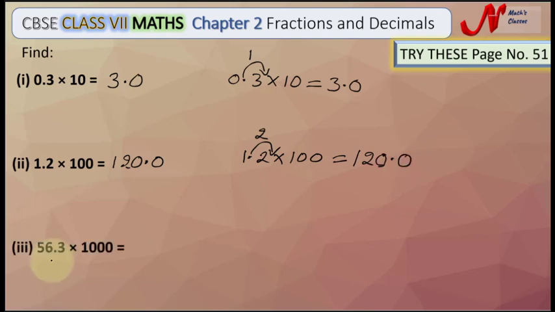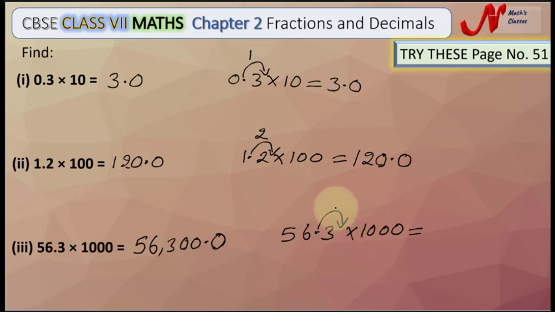Next we multiply 56.3 with 1000. After multiplication we get 56,300.0, because when we multiply 56.3 with 1000, here we have three zeros, so we shift the decimal point three places to the right.